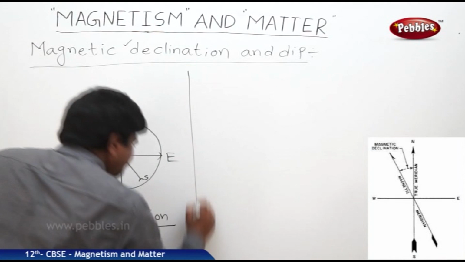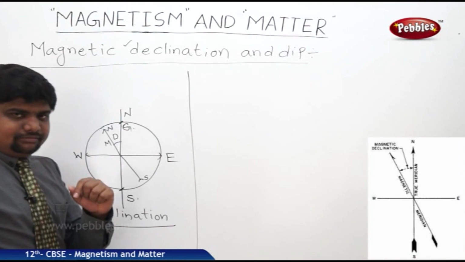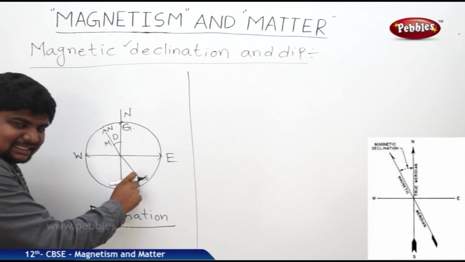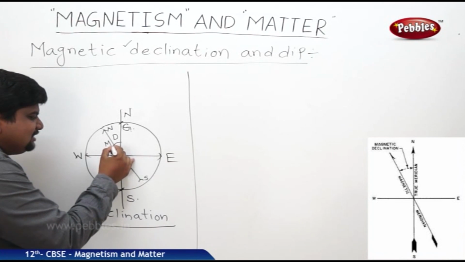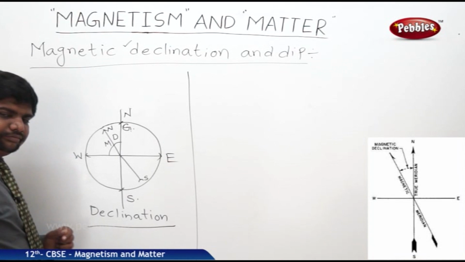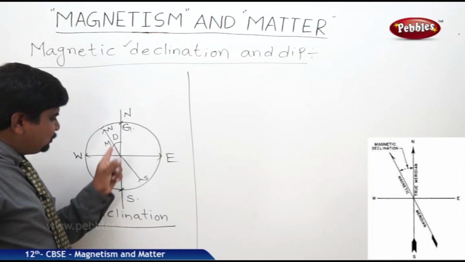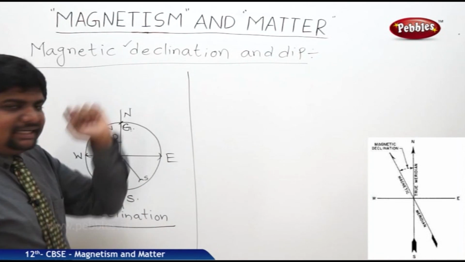The angle made by the vertical axis of the Earth to the magnetic meridian is called the angle of declination, D.